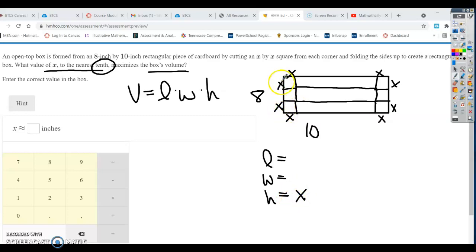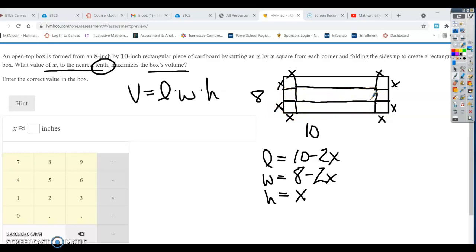All right, the width is the shorter of the two sides. So length is the longer side, width is this side, and this is going to be 8 minus 2x. And your length, 10 minus 2x. And again, we're subtracting those x's off the corners because those are not going to be part of the length. Once they fold up, those are going to be on the sides of the box.